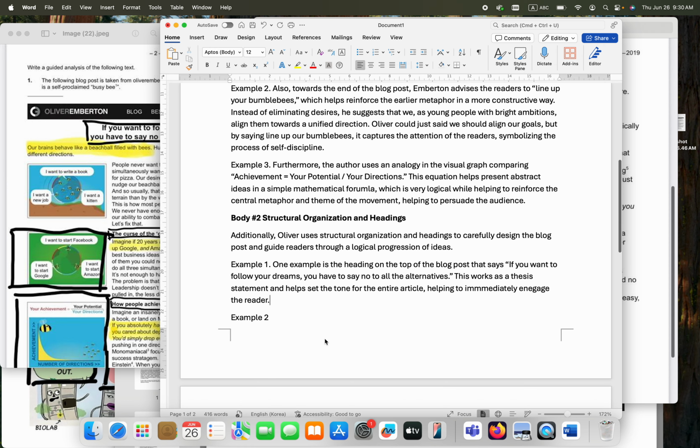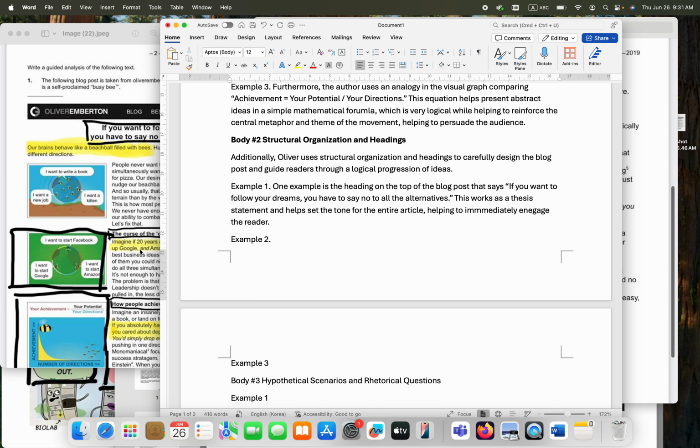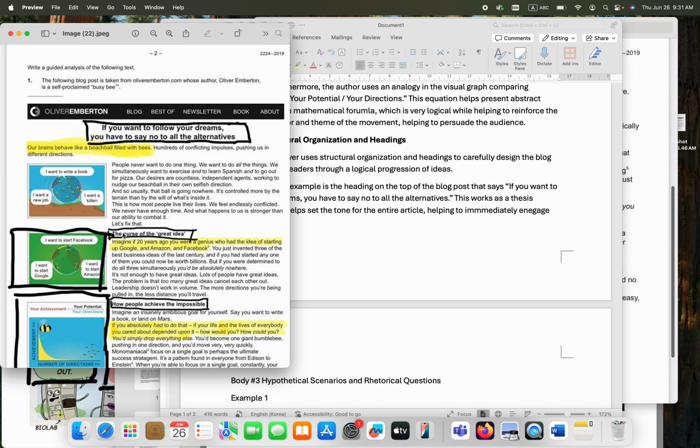Yep, so next one. It's actually really pretty simple if you just follow this structure. So just point, example, explain, example, explain. So we can also mention the subheadings right here, the curse of the great idea. And like this subheading right here.